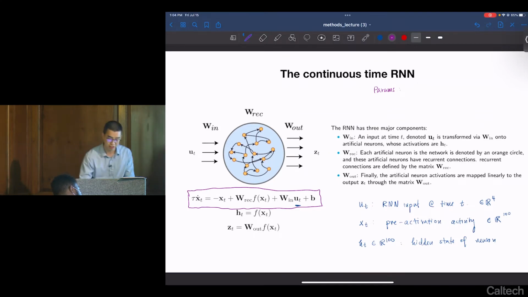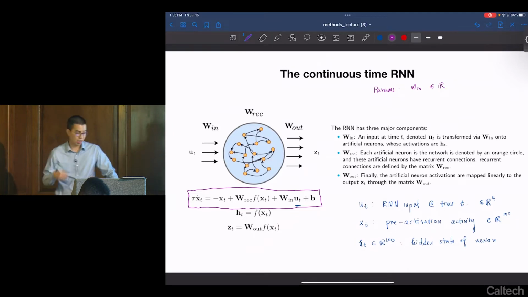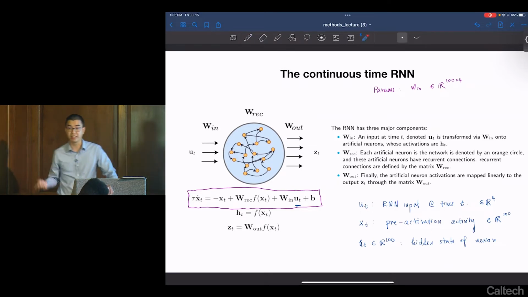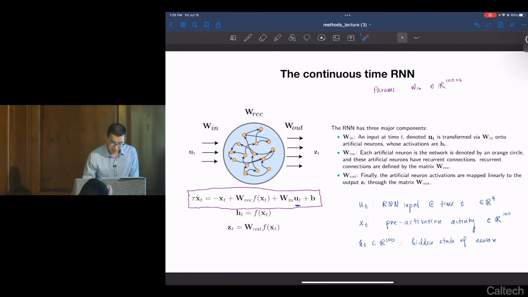So the first one is W_in. W_in, for the values that we've set so far, is going to be a 100 by 4 matrix that maps the inputs onto the pre-activation activity of all of the hidden artificial neurons. So W_in maps u of t onto the artificial neurons.